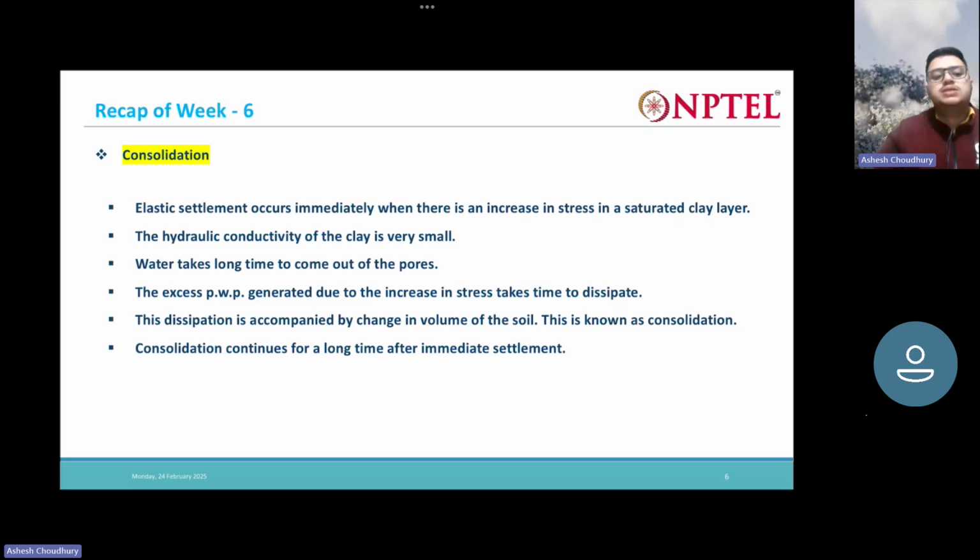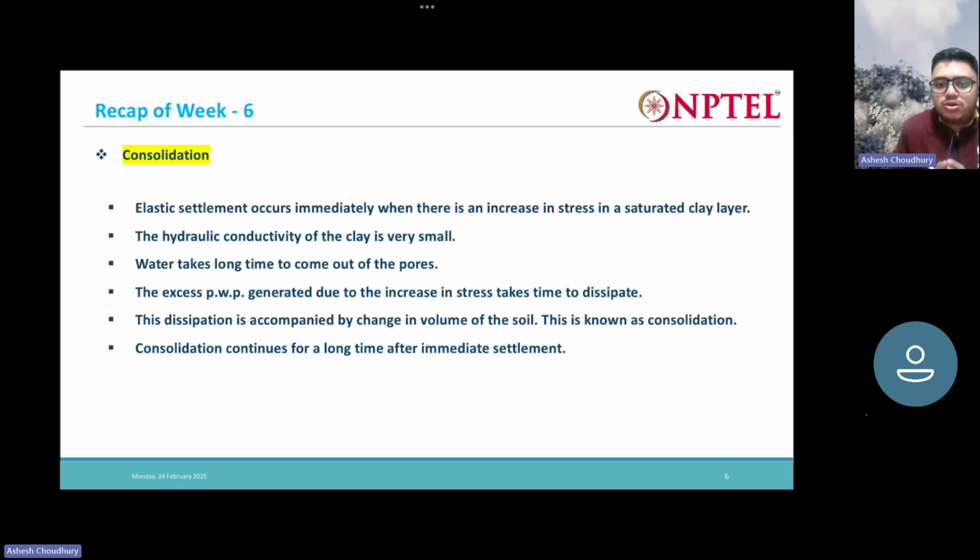Now this dissipation of the excess pore water pressure is accompanied by volume change of the soil. Volume change means what? Obviously you're pressurizing the soil, so water will come out, the thickness of the soil layer is going to reduce, and the volume is going to change.